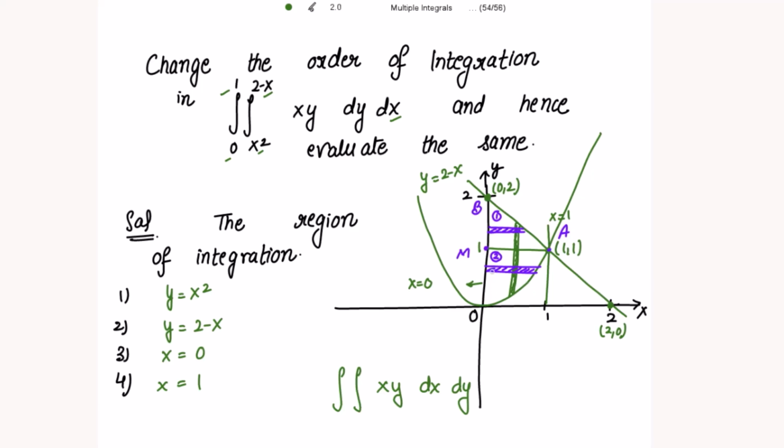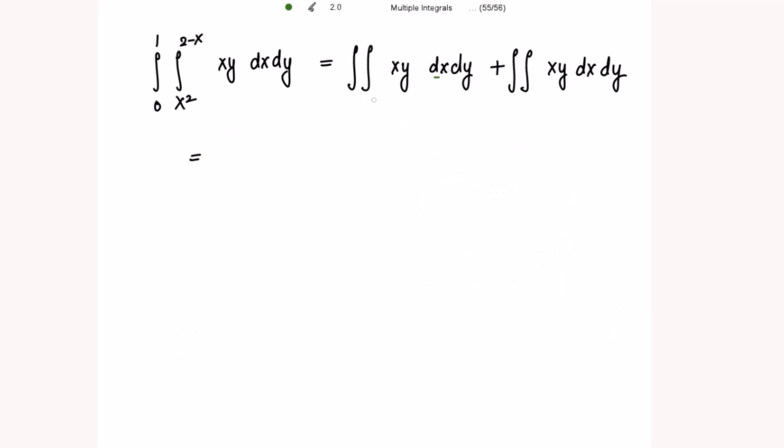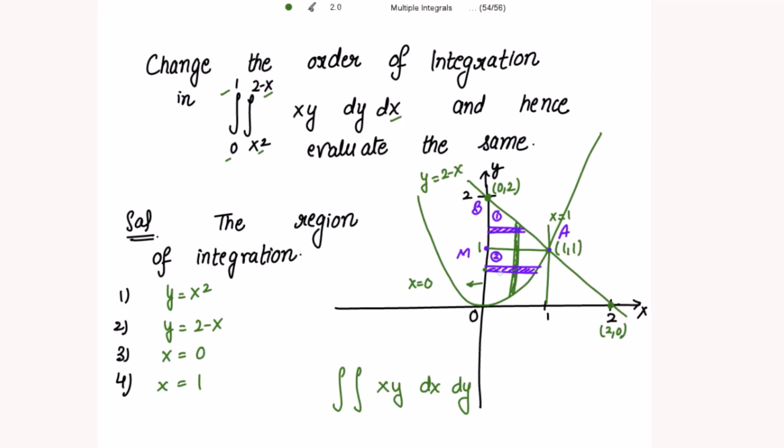Now because x is varying, the limits for x start from O. Here the value of x is 0. So the limits start from 0 and reach the curve. What kind of curve is this? This is your y equal to x squared.